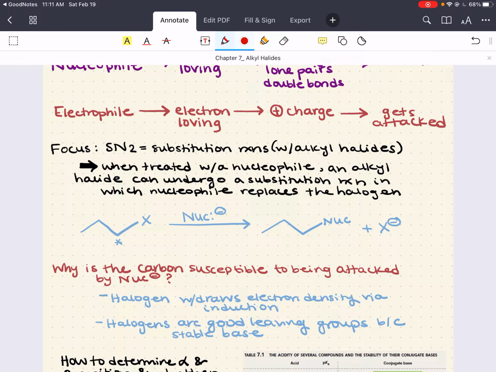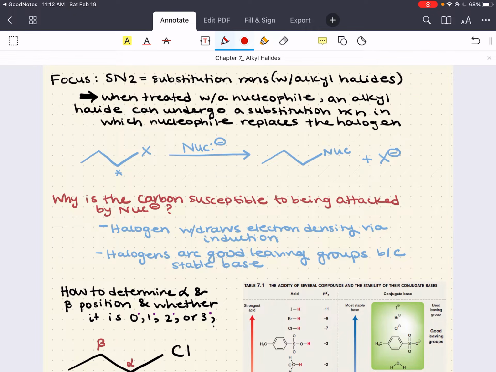They usually have positive charges, and they get attacked by nucleophiles. In regards to our discussion in this chapter, alkyl halides will act as our electrophile, and we're going to learn a range of nucleophiles that will result in a variety of different substitution and elimination reactions.